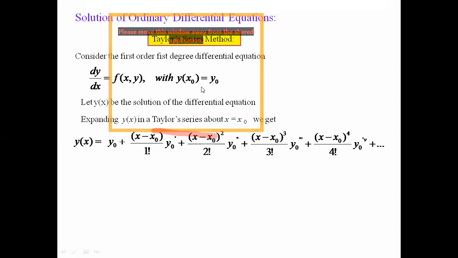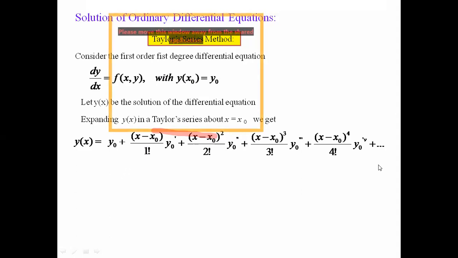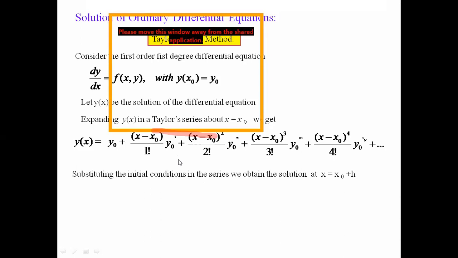Then, by knowing the solution at x2, we can go for x3, where xi is nothing but x0 plus ih. Like this, the solution for this differential equation is obtained. That's called the Taylor series method. So only these derivatives you have to find. Substituting the initial condition and also the values of the derivatives at that point, we can find the solution at a point x equal to x0 plus h.